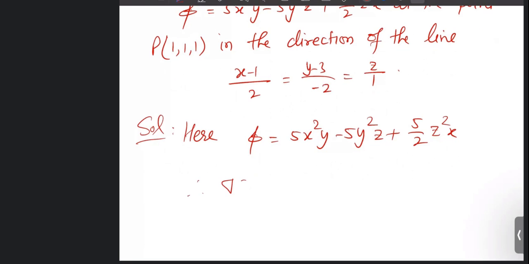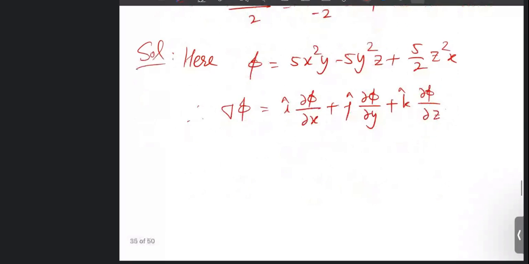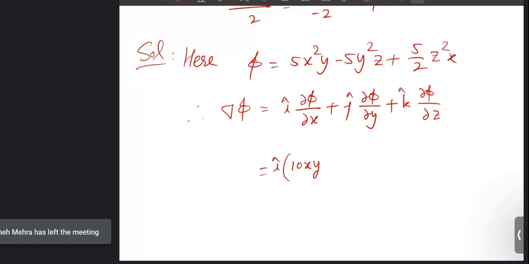Therefore, gradient of phi will become i times the derivative with respect to x, plus j times the derivative with respect to y, plus k times the derivative with respect to z. The derivative with respect to x of the above expression: first term is 10xy, the second term vanishes, and for the third term, 5 by 2 z square.